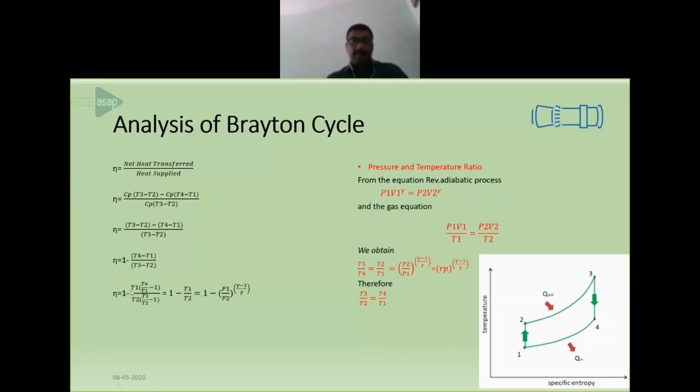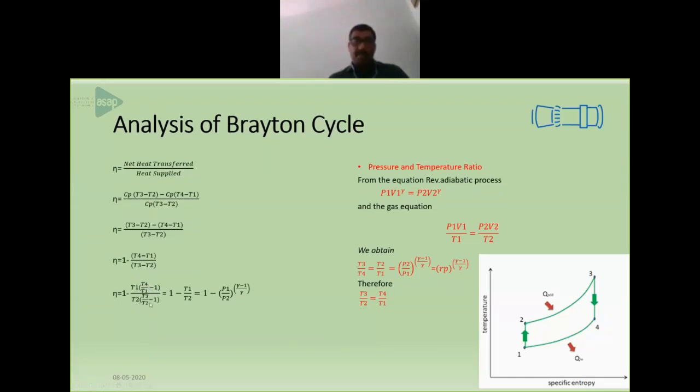Here, in this step, you are actually taking T1 outside to get some temperature ratios. When you are taking T1 outside, you are getting it as T4 by T1 minus 1. This T4 minus T1 is changing to T1 into (T4 by T1 minus 1).